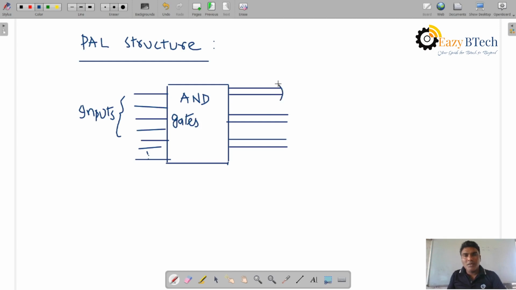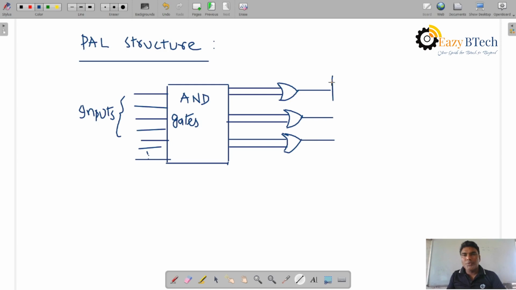This is the structure. Previously, PLA had programmable AND and programmable OR, but here the OR is only connected externally.